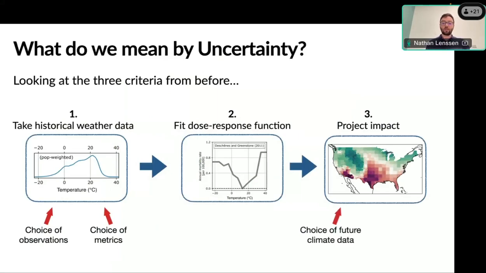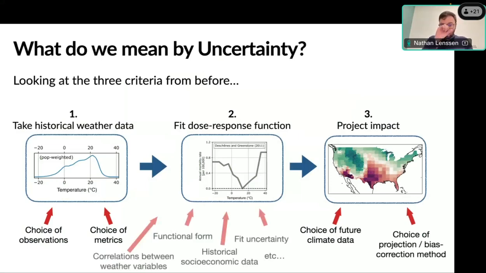When we're thinking about projecting impacts, we have to choose some future climate data. And we also have to choose how we're processing that projection: if we're bias correcting, how we're bias correcting, and if we're downscaling. And then what I won't even come close to touching because it's out of my field, but it's fitting the dose response function bit. All of the choices that must go into this process.